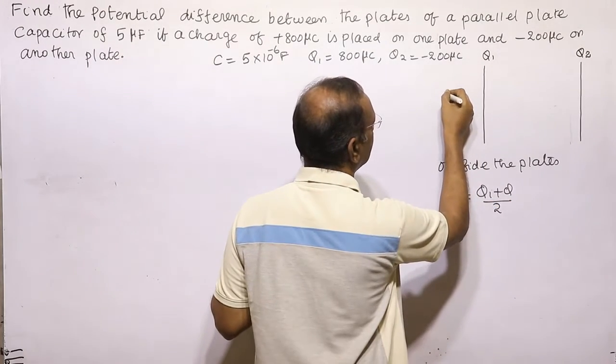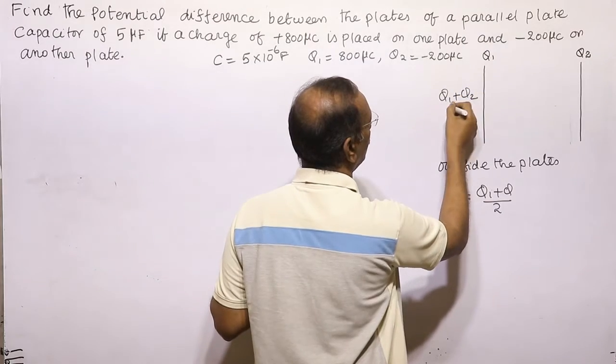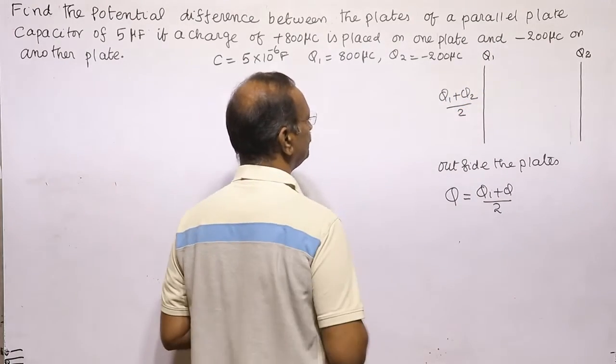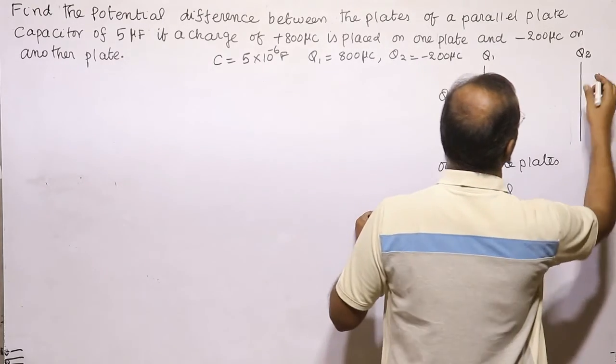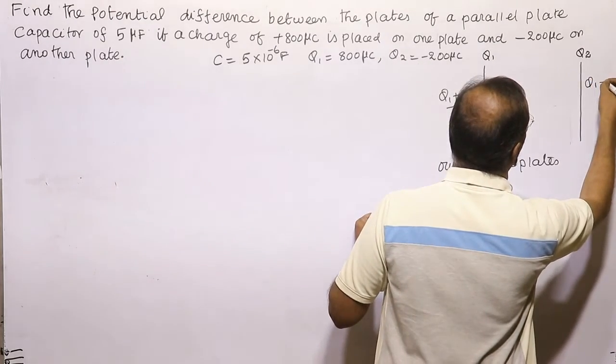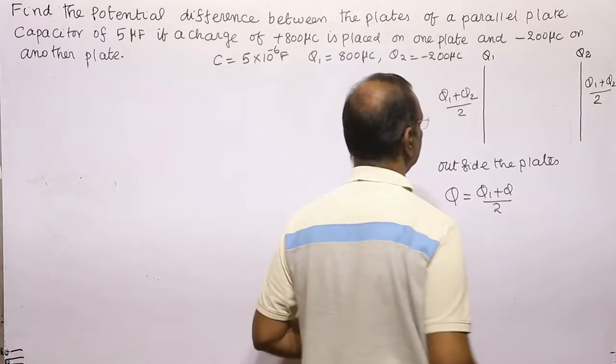So here the charge is Q1 plus Q2 divided by 2, and here also the same charge outside the plate is Q1 plus Q2 divided by 2.